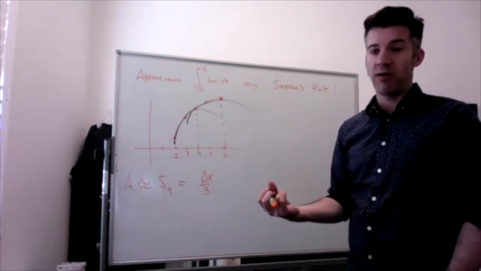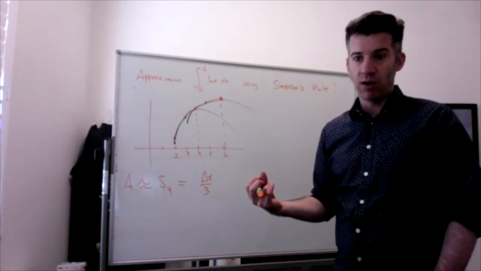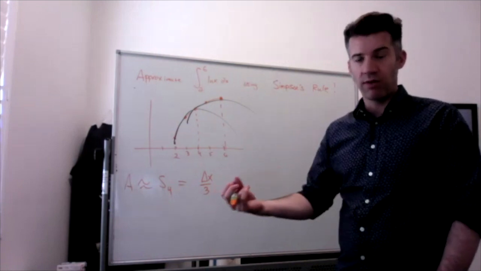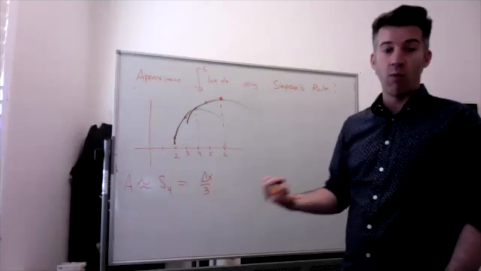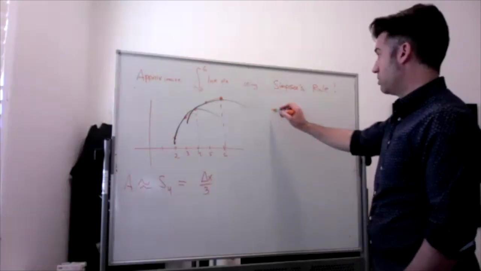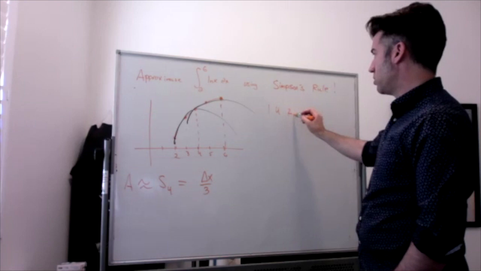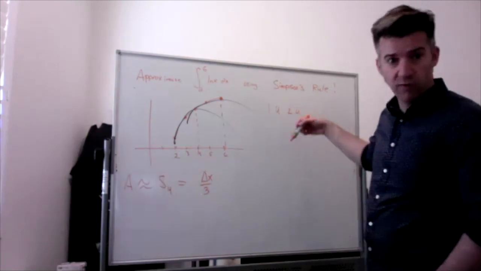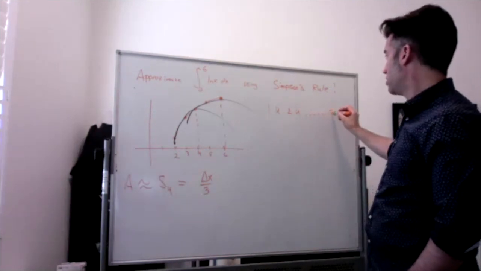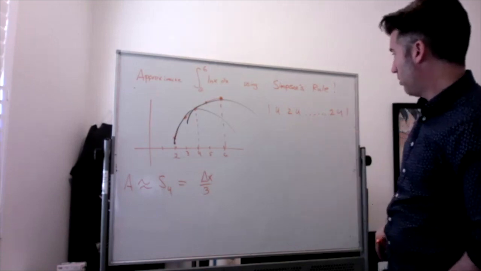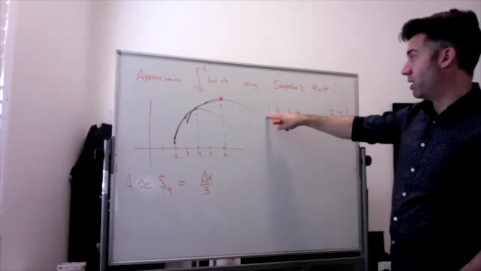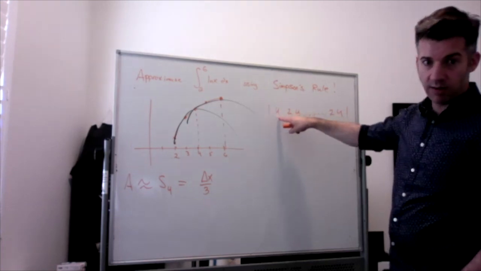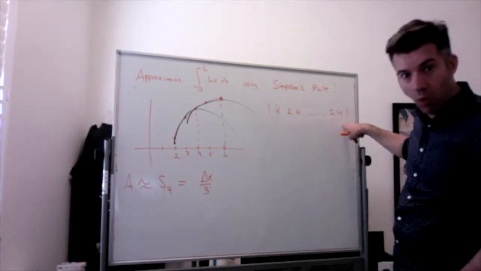For Simpson's rule, the pattern is 1, 4, 2, 4, 2, 4, 2, 4, 1. So it's symmetric. It's always alternating between 4s and 2s, but you always have a 1 next to a 4, and then a final 1 at the end.